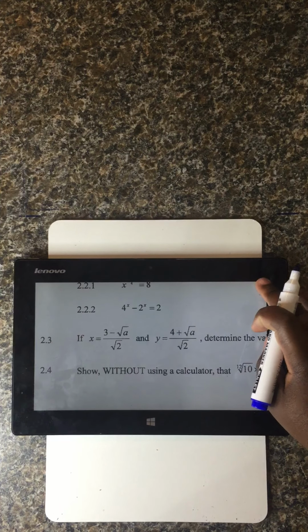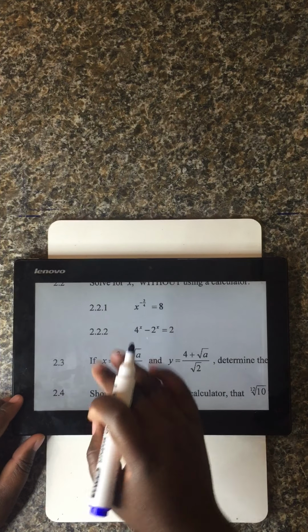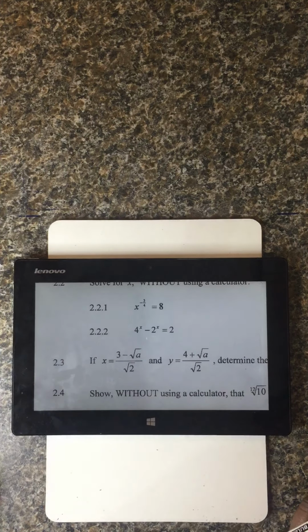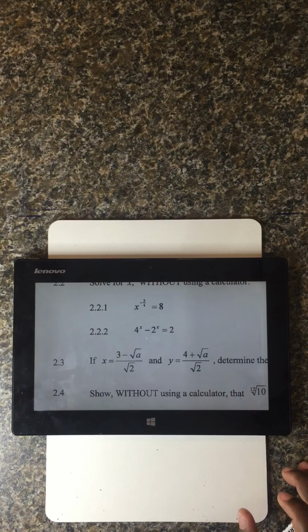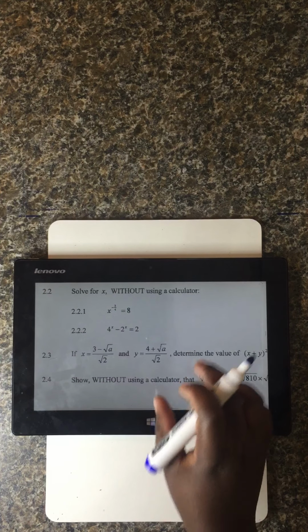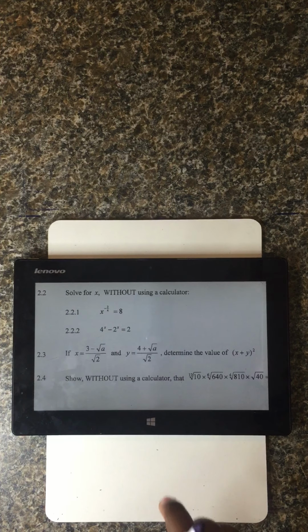Just click those 3 dots, then click on quality, then go down. There should be advanced, then click on maximum quality. I'm not sure if it's 380 or 480, 480p. You can just click the maximum, then it's going to quickly adjust the quality and you'll be able to see on the screen of my tablet. Otherwise, I'll just write down the question on the board so that you're able to see.